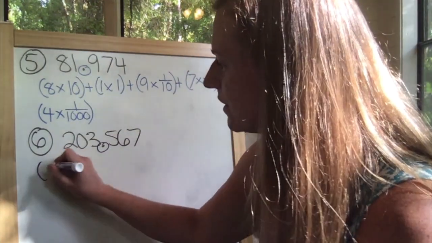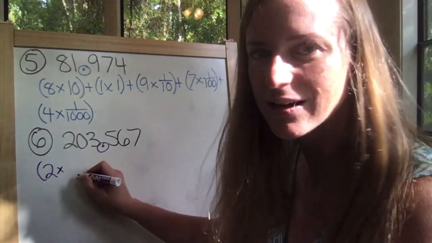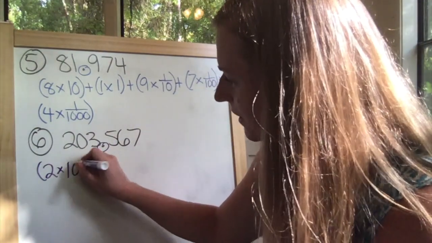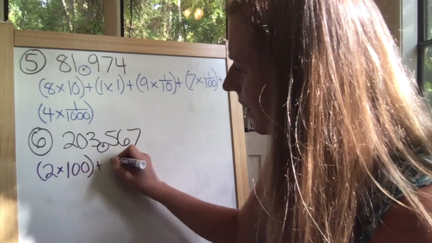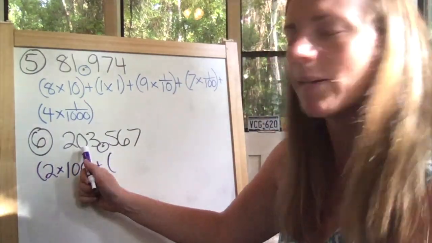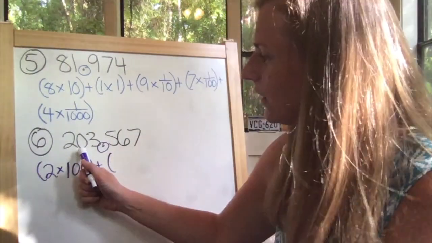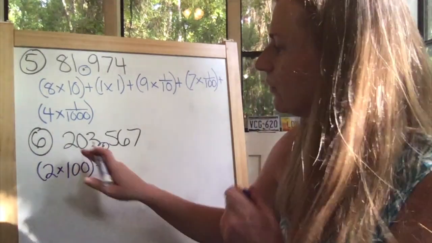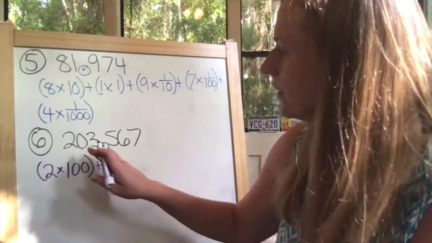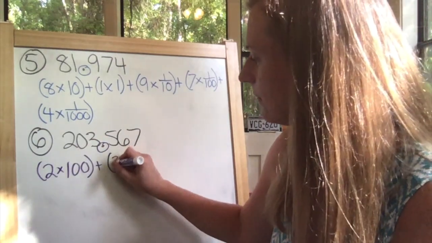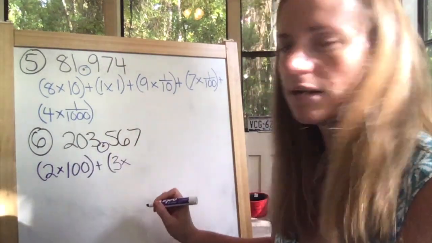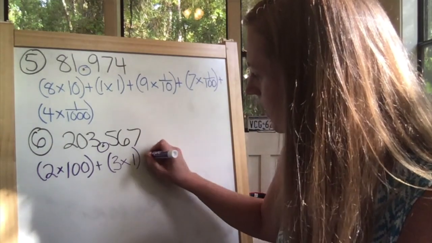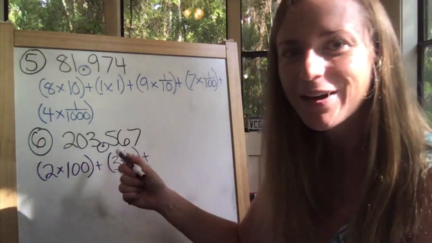So parentheses 2 is in the hundreds place, plus parentheses. Remember, in expanded form, we don't need to expand out our zeros. So we come over to the 3 is in the ones place, plus, I see a decimal.